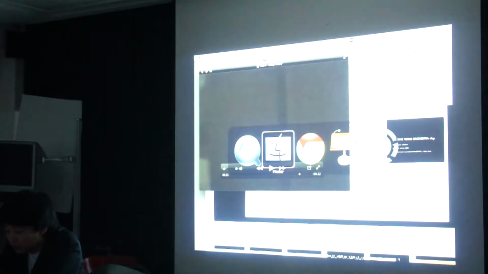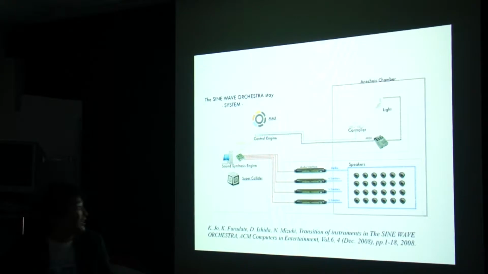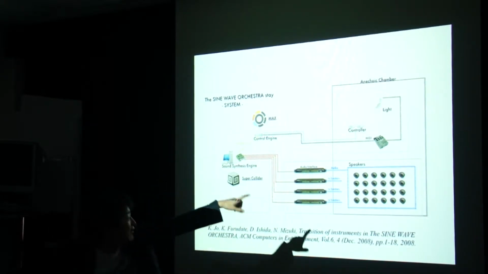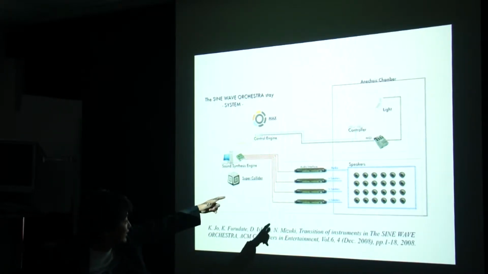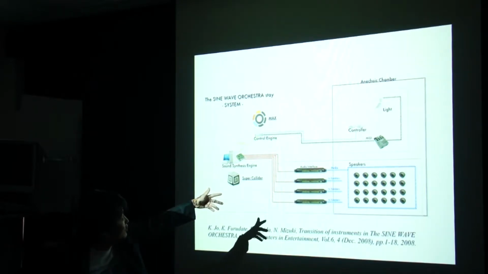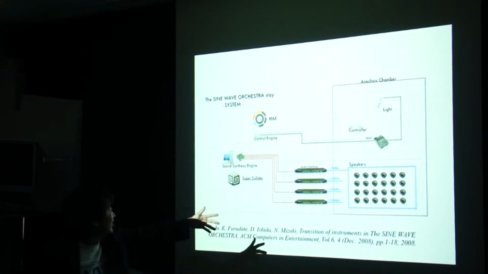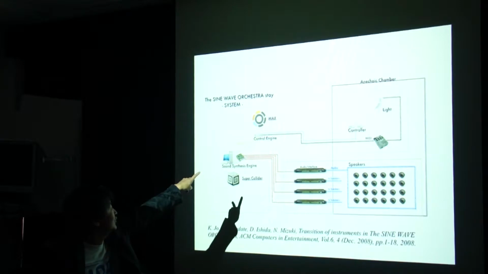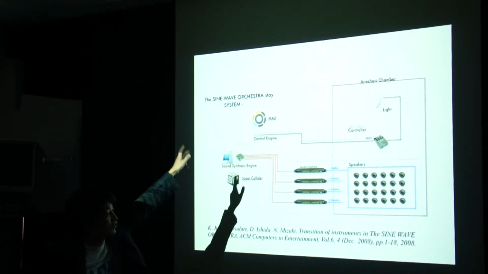And in that work, we use Max MSP in this way. It's a system diagram. We have 116 speakers. Here we just have 4 audio interfaces, but we have 5 or 6 audio interfaces, each with 24 output channels. We have one Mac for synthesis and one for control.